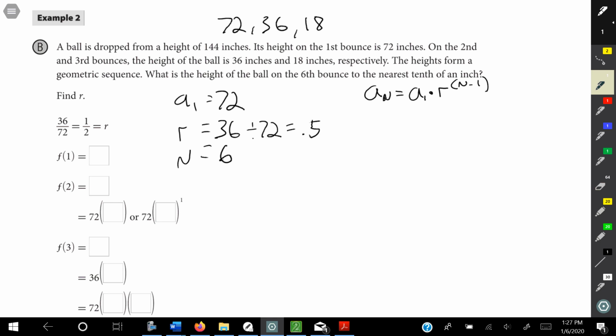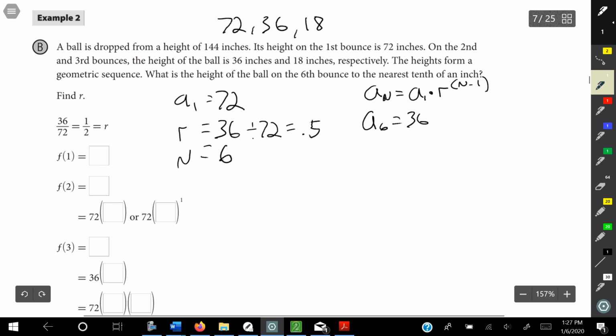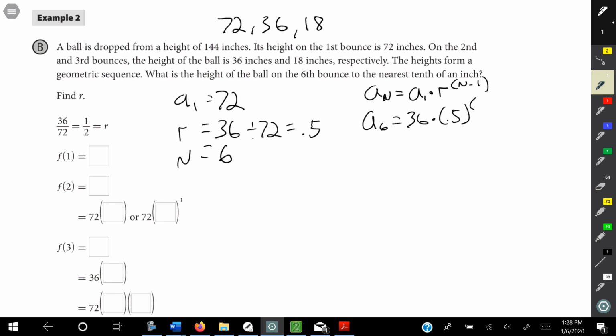So we're just going to plug these numbers in. We're going to plug in a sub 6, the first term, which is 72, times the common ratio, which is 0.5, and we're going to raise it to 6 minus 1.